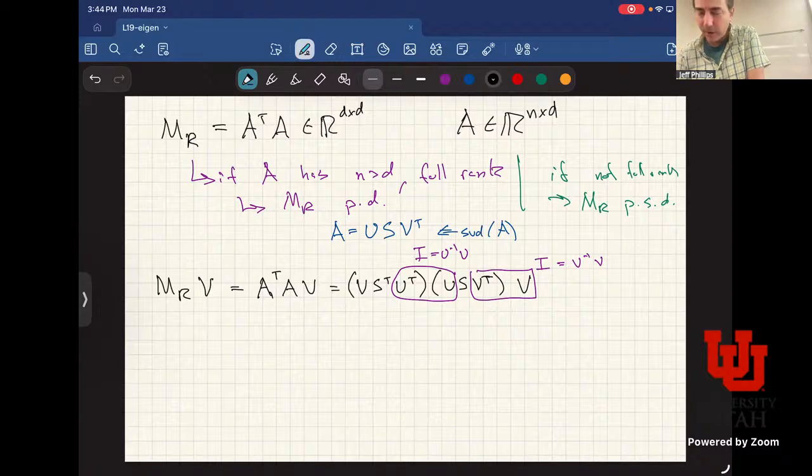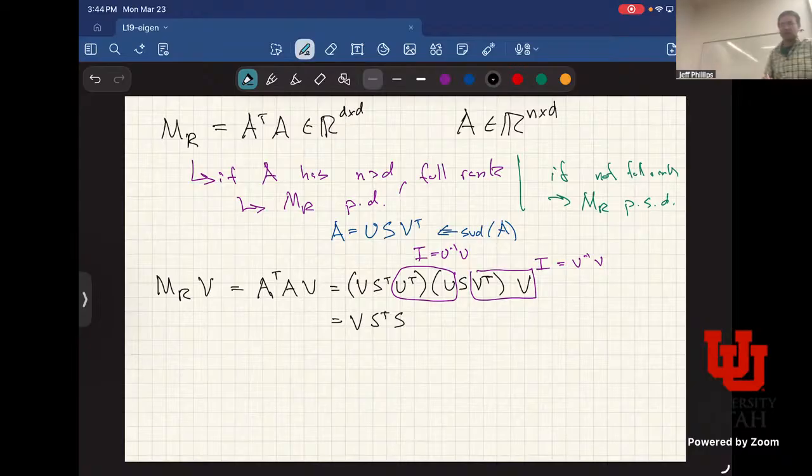So I can rewrite this as V S transpose S. I have to be a little bit careful here because of the dimension, this is an N by N, skinny version of S that had all the zeros in it. And then I have another identity, a smaller D by D identity matrix at the end, but I can get rid of both of those.